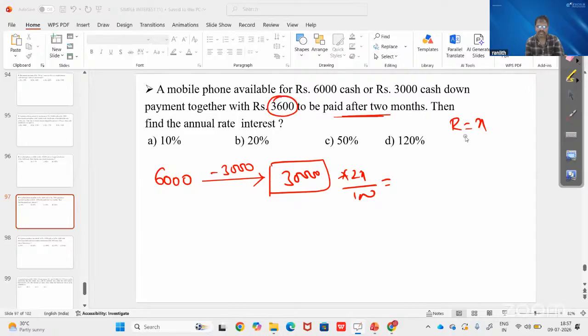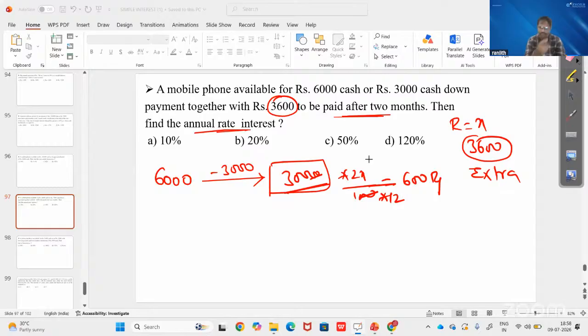We need to pay only 3,000, but we are paying 3,600, so we are paying 600 rupees extra. Let's cancel the double zeros, so that is 2x. We are finding per annum, so in the denominator we need to multiply by 12. Here the double zero is cancelled.